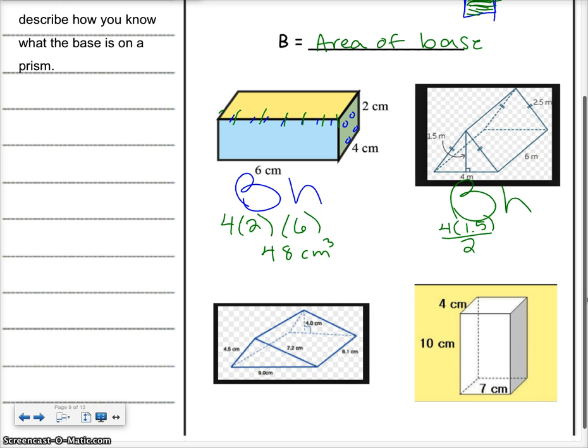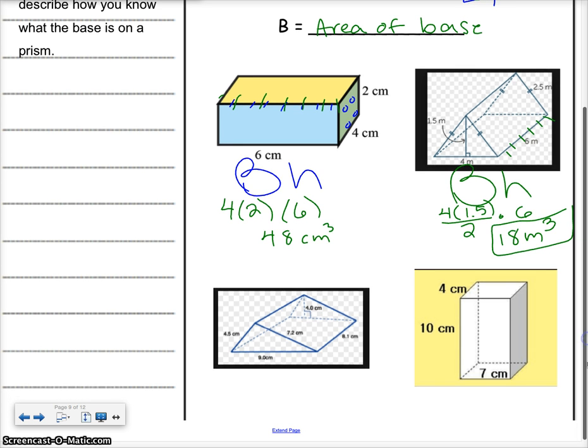And then the height is the height of the prism. It connects the two parallel bases. So times that by 6, and you just punch that in. 4 times 1.5 divided by 2 times 6 is 18 cubic meters. Okay?